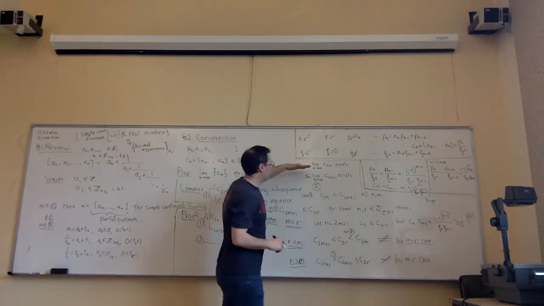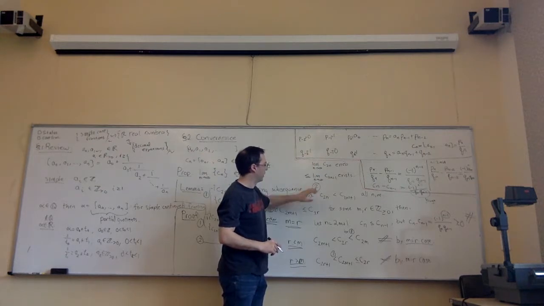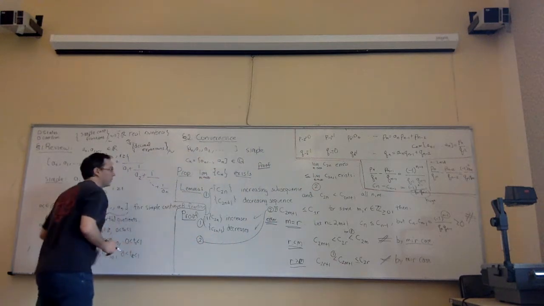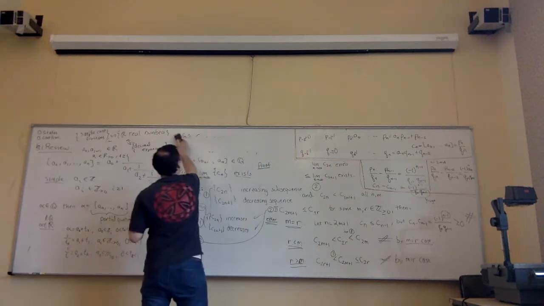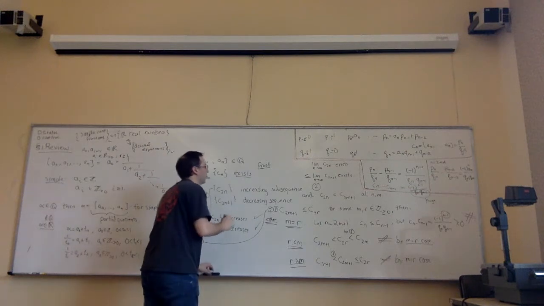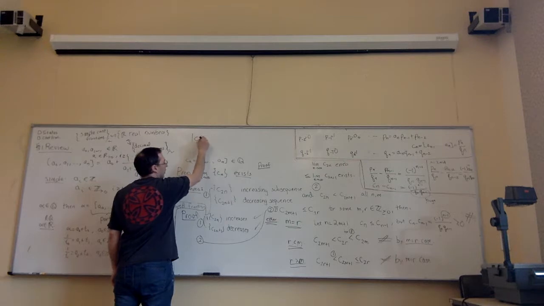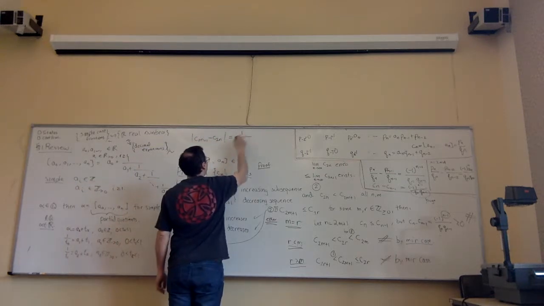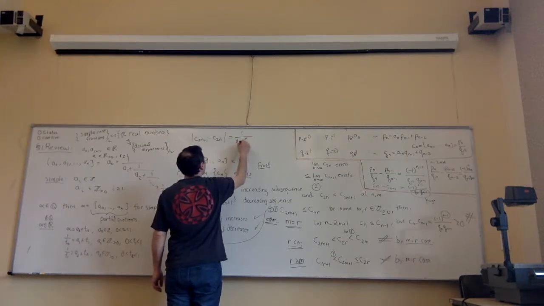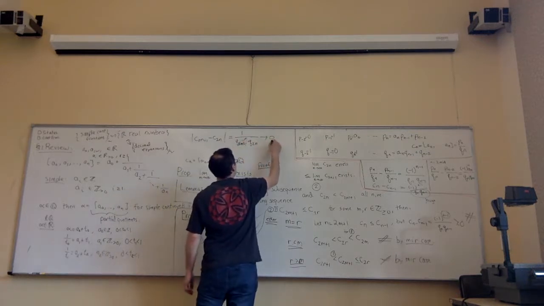And so for each n, the difference between these two numbers is, let's see, I'll just note that the absolute value of c2n plus 1 minus c2n is equal to 1 divided by q2n plus 1 times q2n, and that this goes to 0 as n goes to infinity.